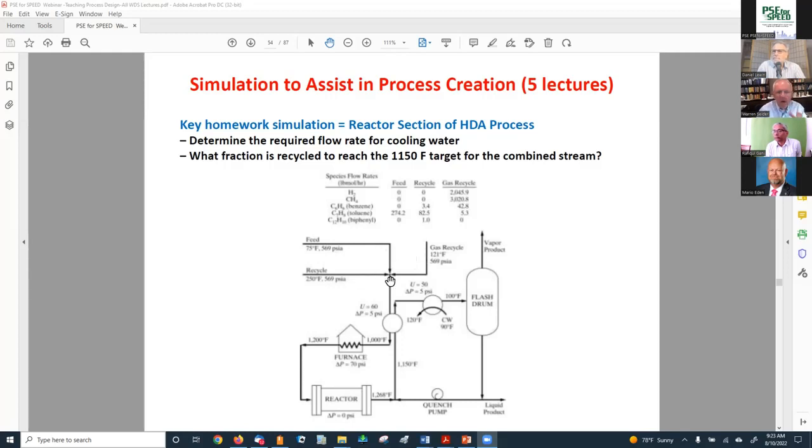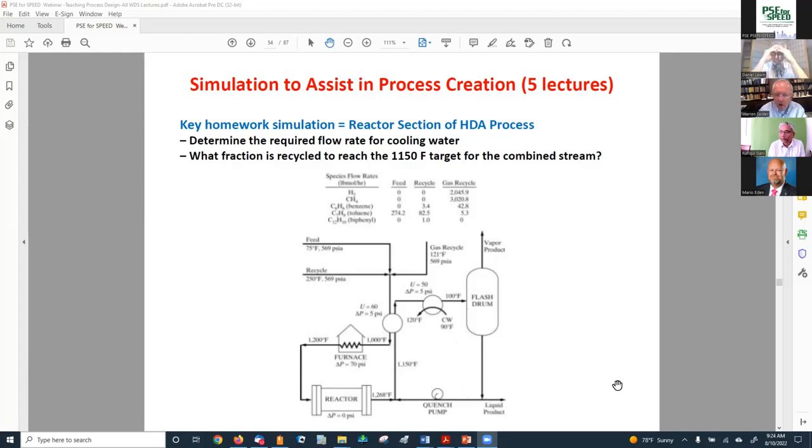They mix it together. They heat it up to reaction temperature right here. They run the reactor. Now they quench with a cold liquid. You cool that liquid down from this particular temperature, which has been specified, and you then come down to here. You remove more of the heat with cooling water to 100 degrees Fahrenheit, and you now take vapor off and you take liquid here.